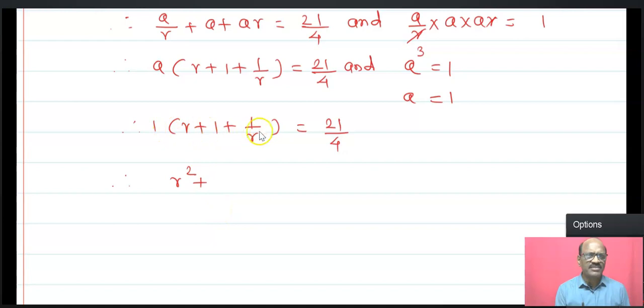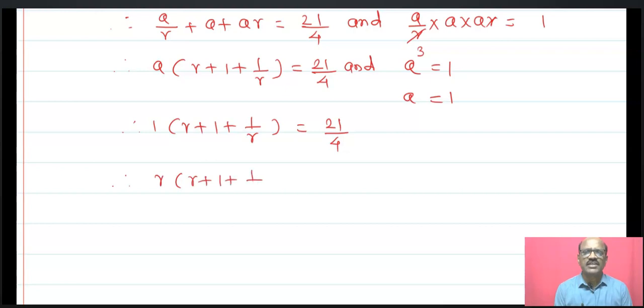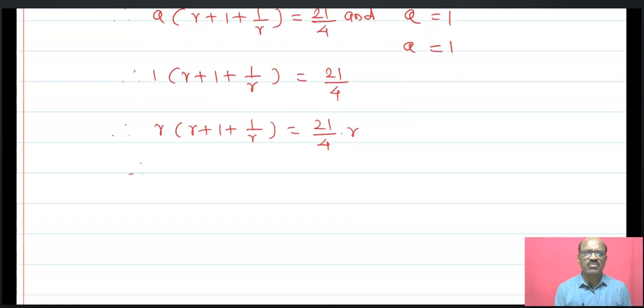Multiply this equation by R, then you will get the required equation. Now we will multiply the bracket by R on both sides. That is R in bracket R plus 1 upon R is equal to 21 upon 4 into R.